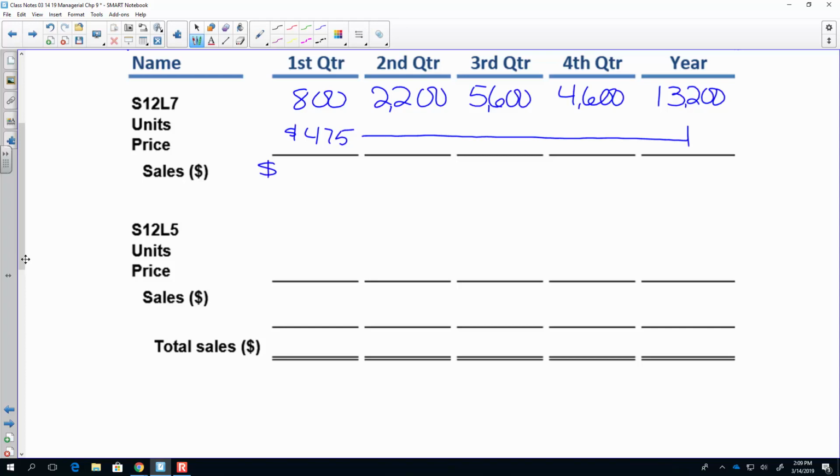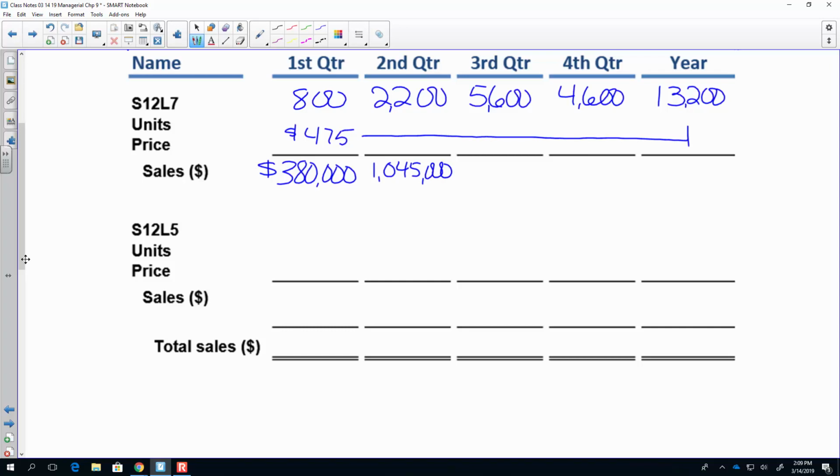The subtotal will have a dollar sign on the number. You all have a 10 key tab that you can give me these. 380,000. Can someone help me with the others? 1,045,000. Good.